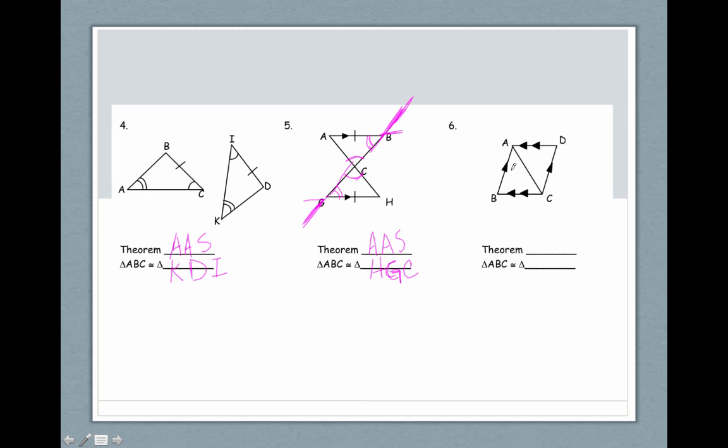Okay, similarly on these, well, this is a parallelogram anyway, so you know these are the same. And you know these are the same. Because it's a parallelogram, the opposite sides are the same length. So we have side, angle, side.